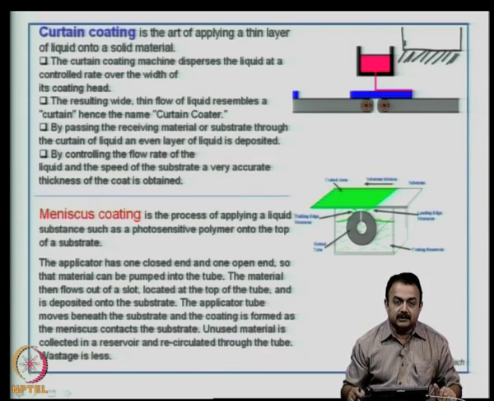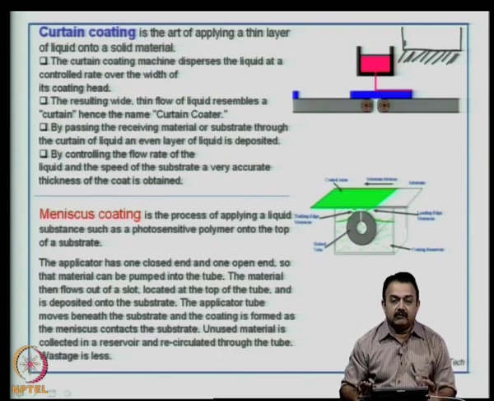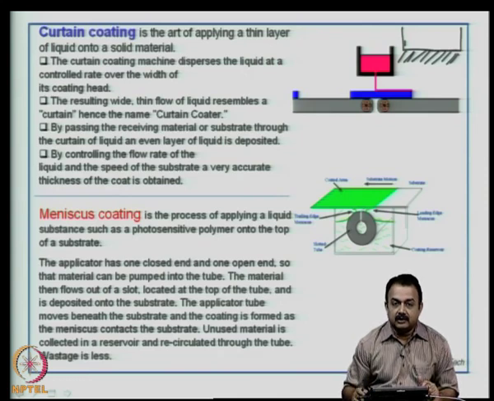The speed of the substrate over the conveyor is also very important. Just like we have seen various combinations of parameters in the spin coater, here again you need to monitor the speed of the conveyor and the flow of the liquid from the curtain head or the vessel to the surface of the substrate.